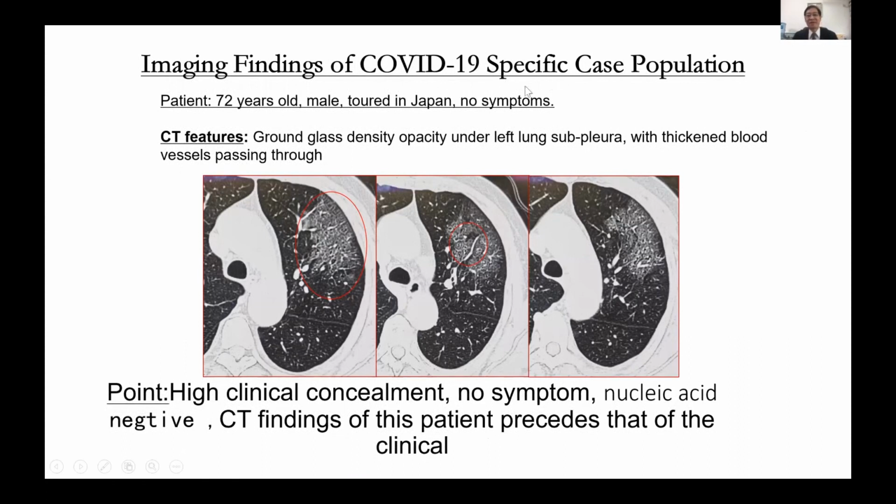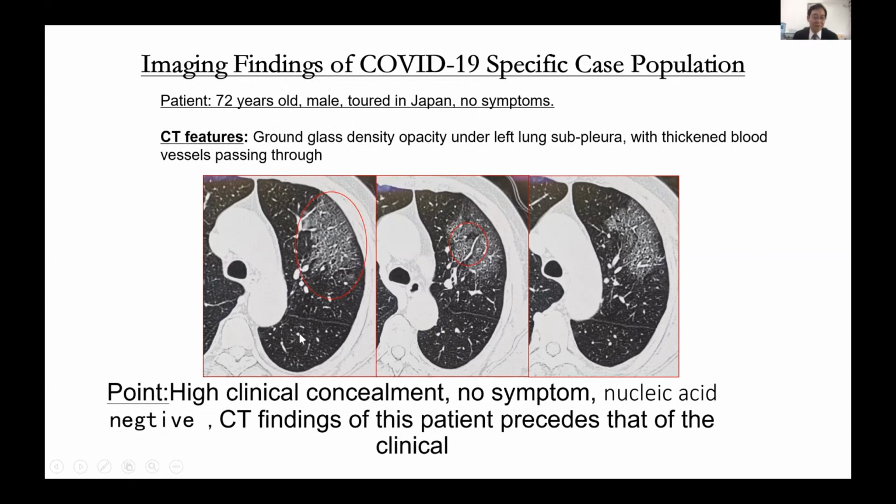Other specific case population. 72-year-old male, toured Japan, no symptoms. The CT features ground glass density in the left lung subpleural, with blood vessels passing through.